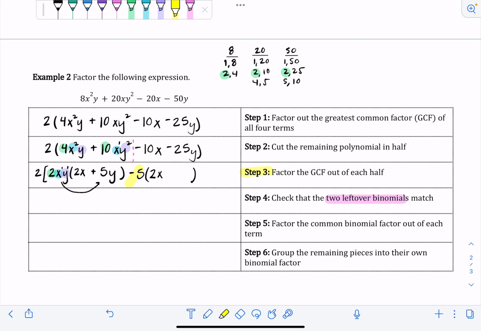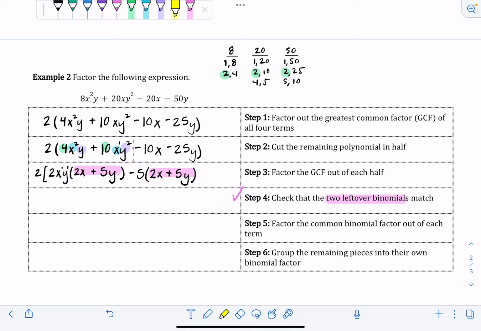And negative 25y divided by negative 5 is a positive 5y. Now if I do step 4 again, I have a 2x plus 5y inside the first parentheses and a 2x plus 5y inside the second parentheses. So now step 4 is okay because they're both exactly the same, with the same signs.